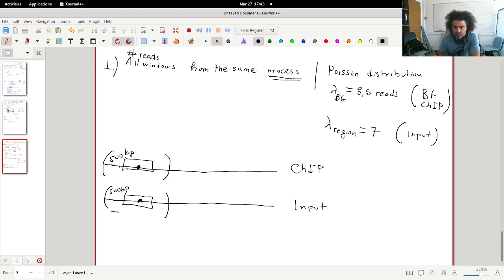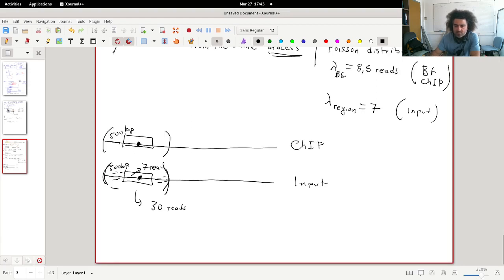So let's say that inside here we have 7 reads. But in all this 1000 base pairs region around the center, let's say that we have 30 reads for some reason. So this means that we have many reads here and many reads here.